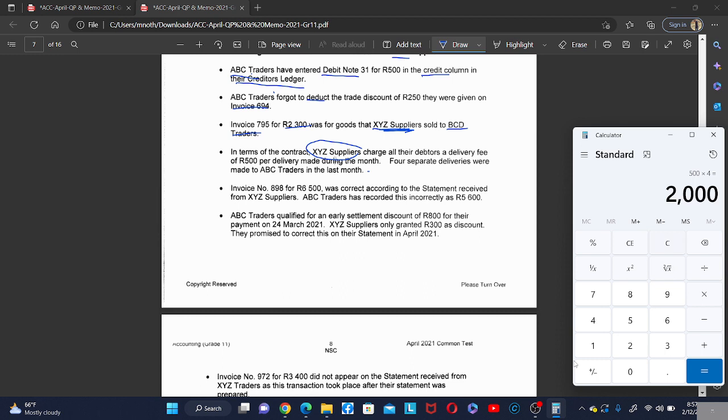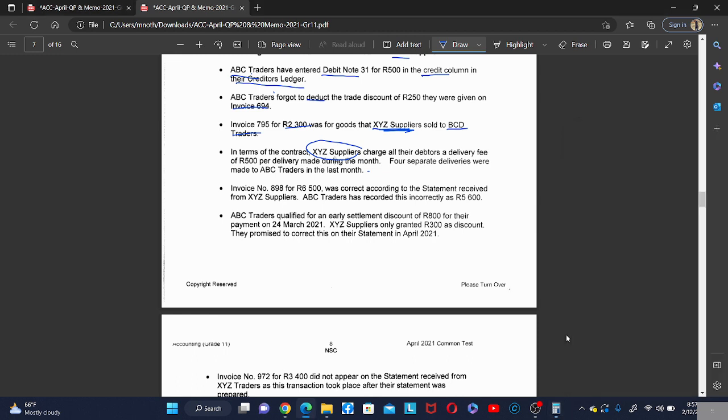So we recorded less. The difference is 900. An invoice means that we bought the goods on credit from XY suppliers, but we recorded this amount at a lesser price. Its price is 6,500.